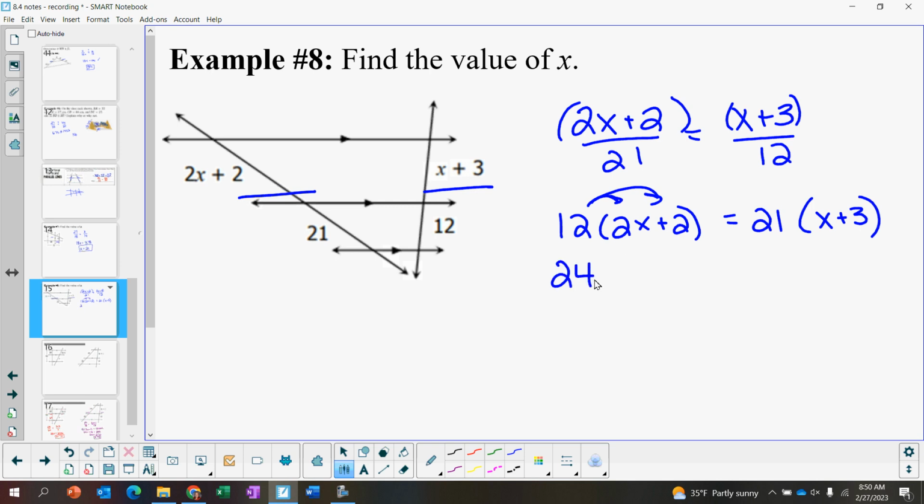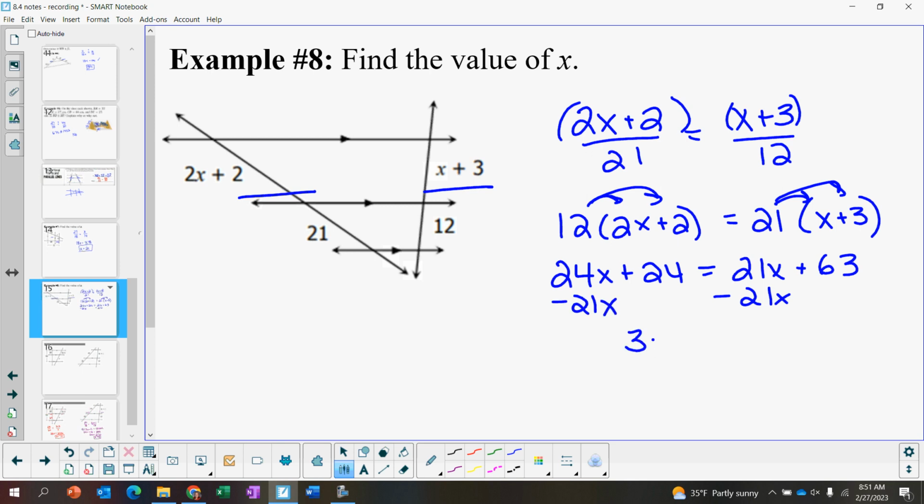That's 24x plus 24 equals 21x plus 63. So we'll subtract 21x: 3x plus 24 equals 63. We will subtract 24 from both sides. So 3x equals 39. And when I divide by 3, I get x is 13.